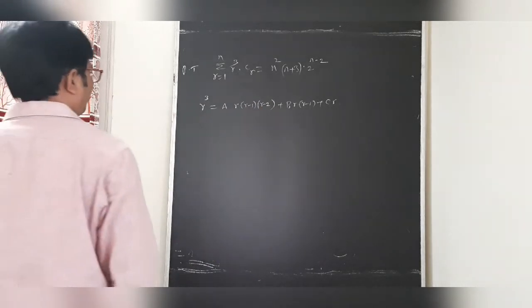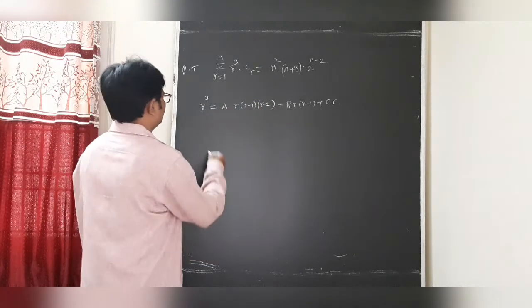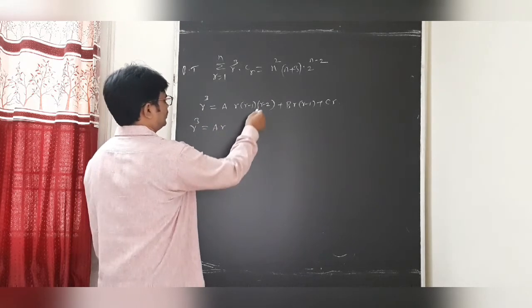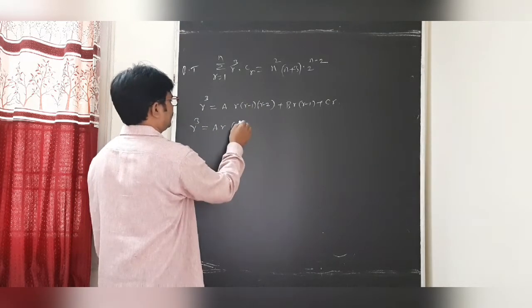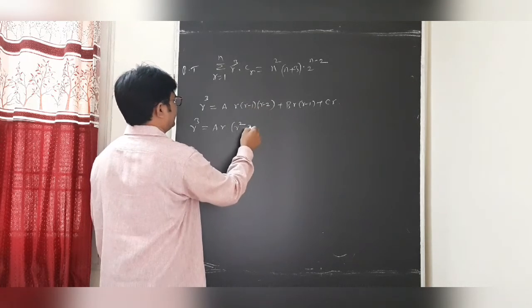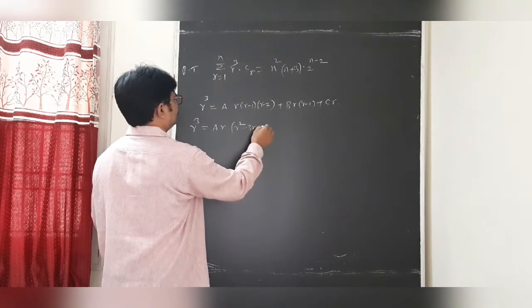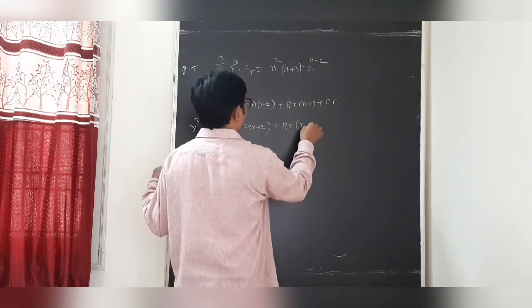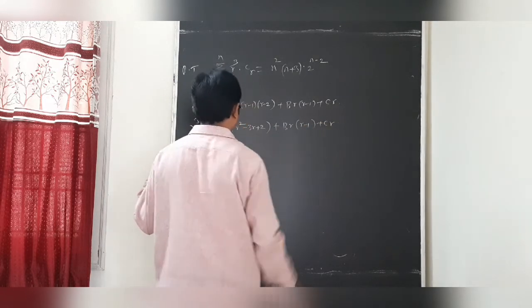Now, students, how can you write it? This is r cube, A into r into r square, undoubtedly minus r minus 2r is minus 3r, plus 2. After that, Br into (r minus 1) plus Cr.